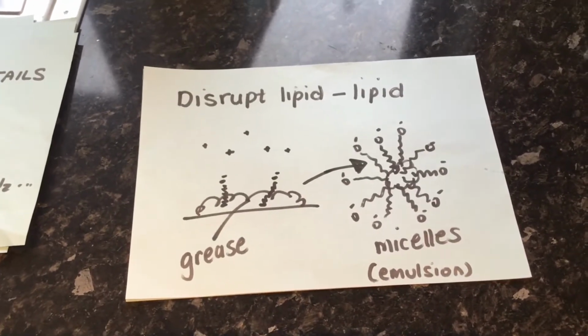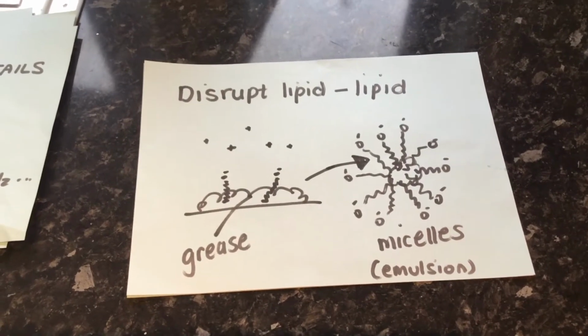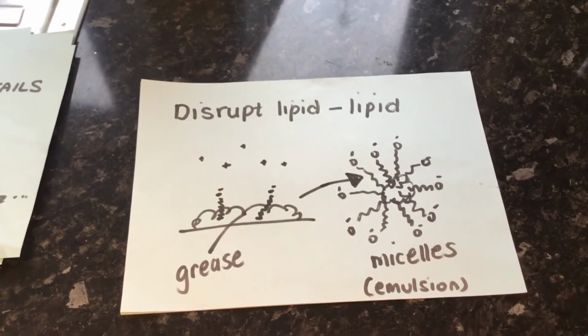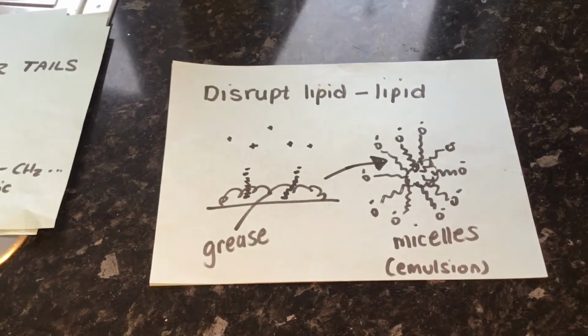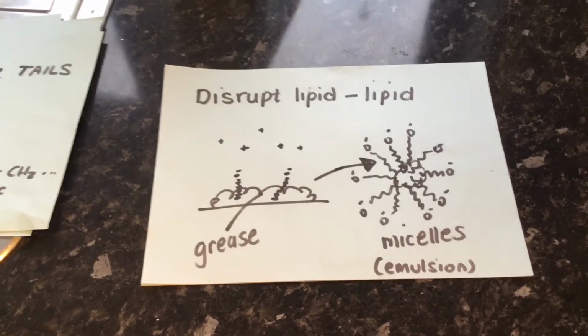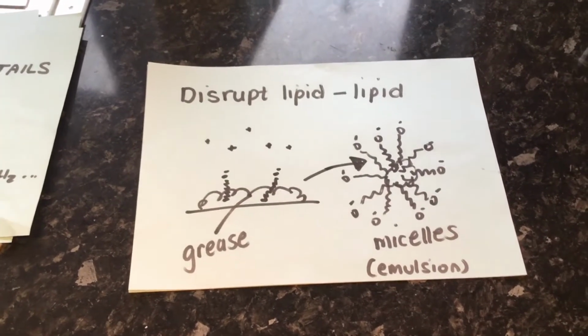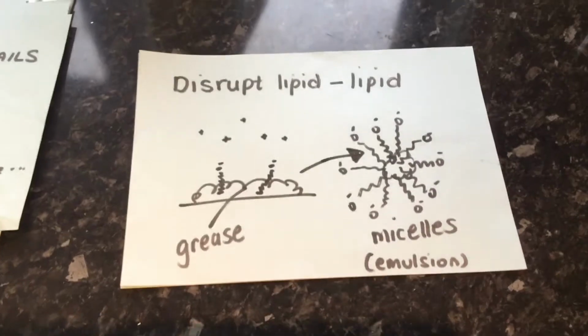Now, the formation of micelles is controlled by the concentration of detergent in the actual water. You need a critical concentration of detergent to form these micelles. If there's a lot of fat there, you need more detergent, so you need a lot of free detergent.